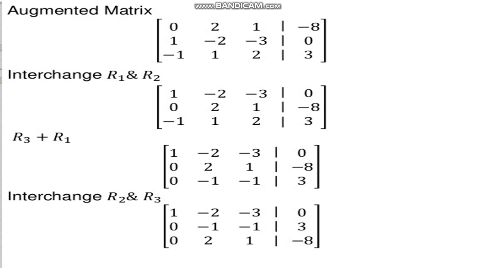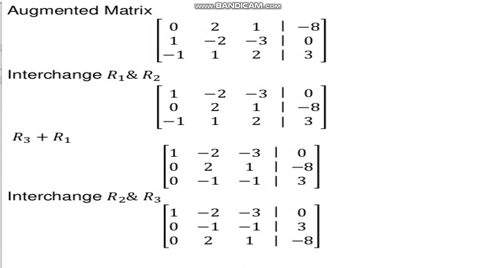For more simplification, row 3 plus row 1, we get the matrix 1, -2, -3, 0, 0, 2, 1, -8, 0, -1, -1, 3.